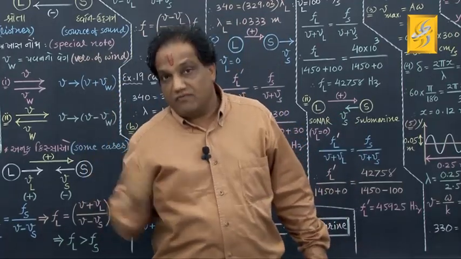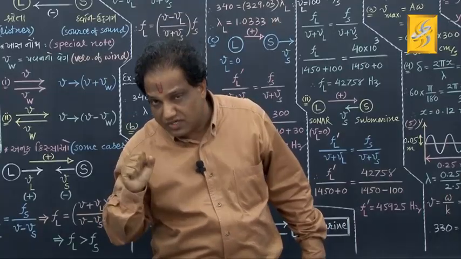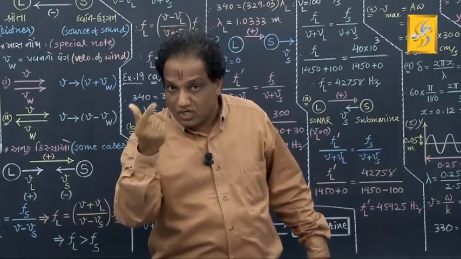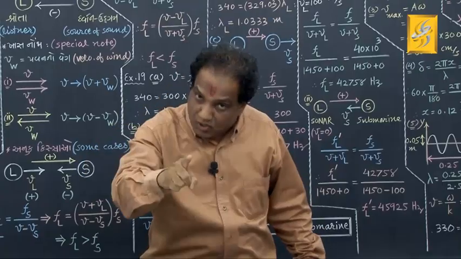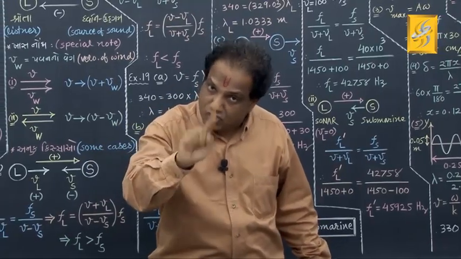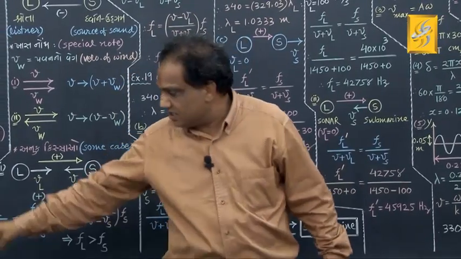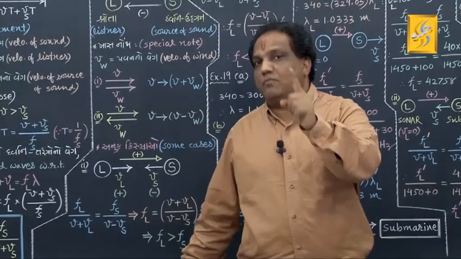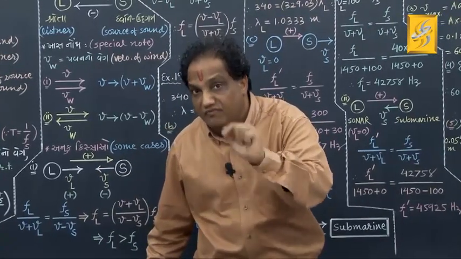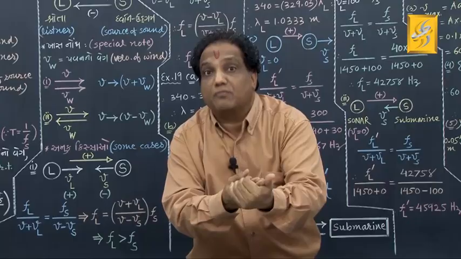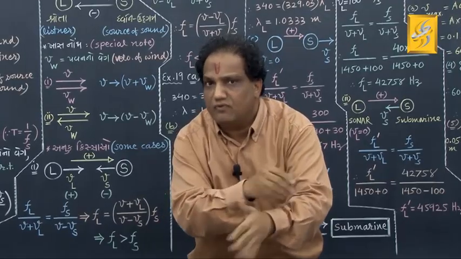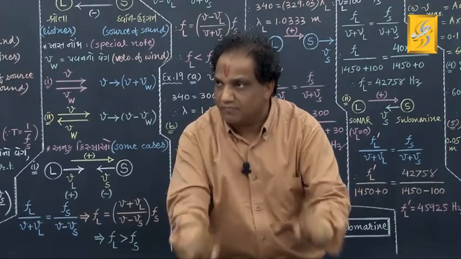Correct? And which were the two rules in the sign convention? Very simple. The velocity of sound should always be taken positive. That is small v, it should always be taken positive in this standard formula. And among the remaining two velocities, VL and Vs, one should be taken positive, the other negative. Very simple. You must remember now.